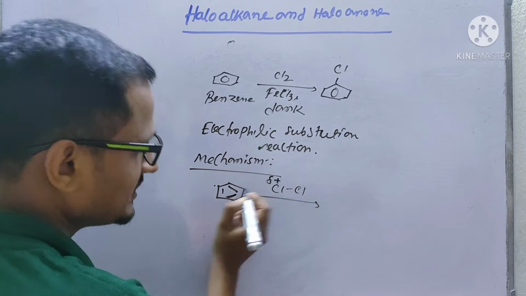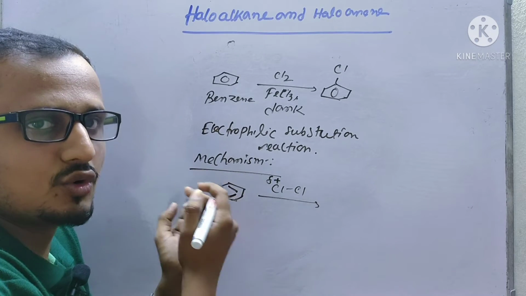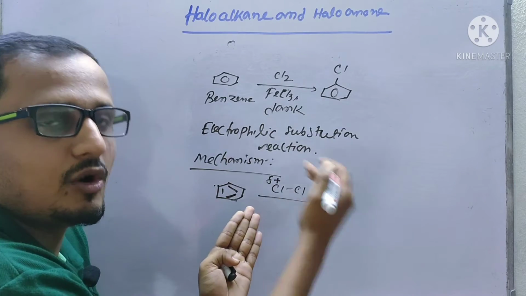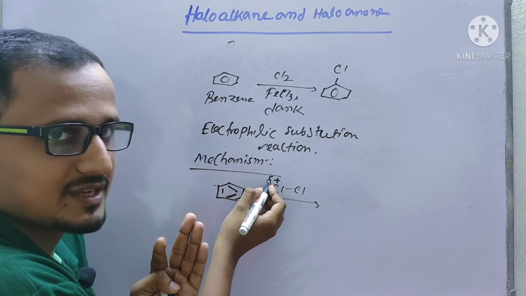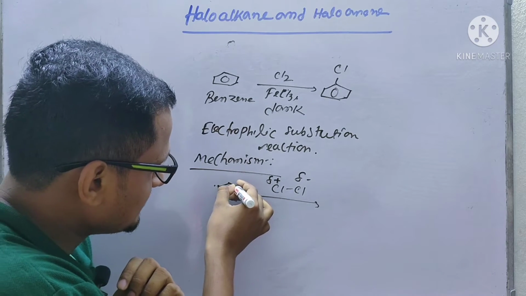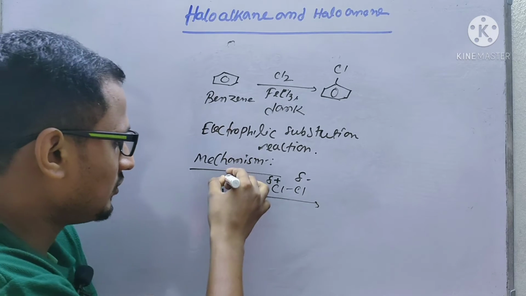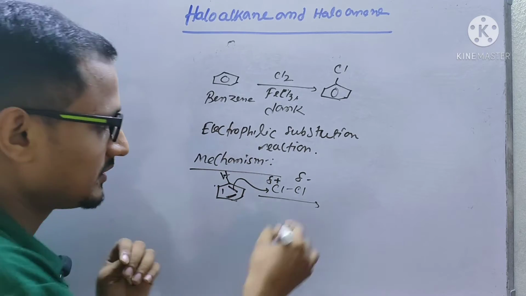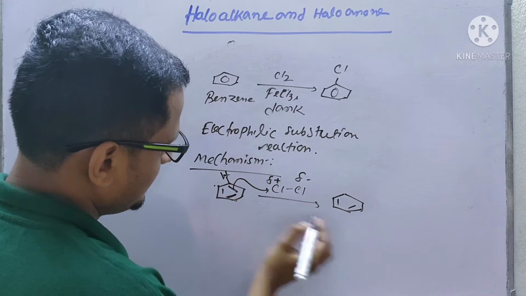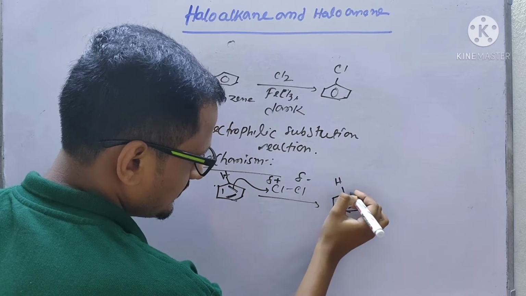As this benzene pi bond is negatively charged, when it approaches this chlorine it makes an opposite charge here, that means delta plus, and the other will be delta minus. So now this pi bond will attack this chlorine. Now we all know one hydrogen is here. So what will happen? By this bond, this benzene is taking this chlorine. So I can write here.